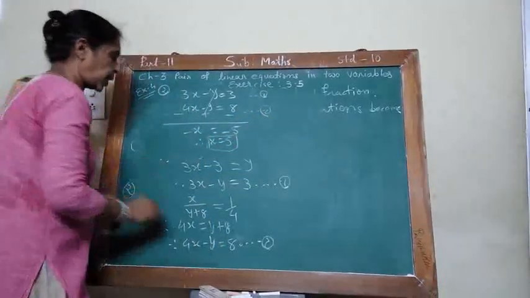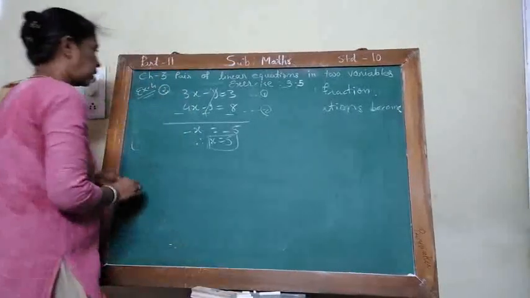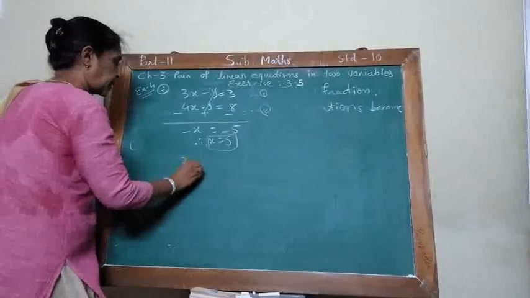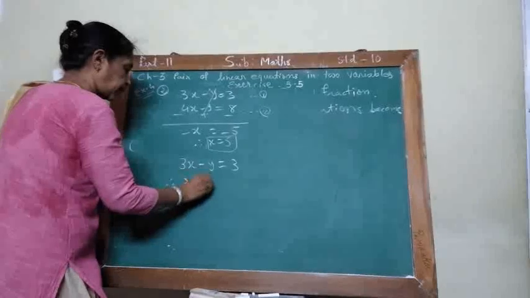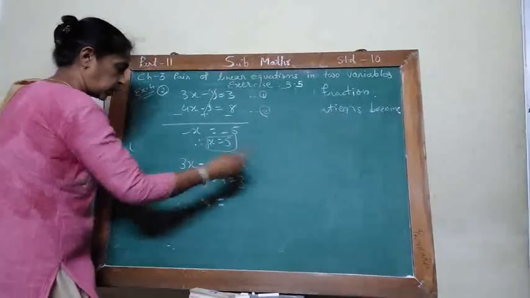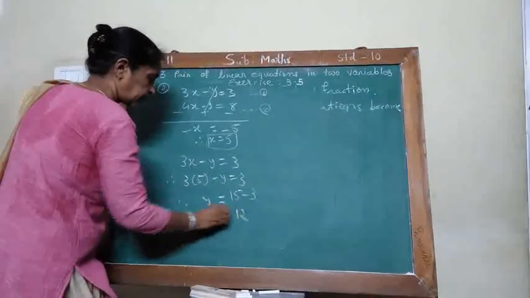So after this you write, substituting x equal to 5 in equation 1. Then you write the first equation 3x minus y is equal to 3. 3 into 5 minus y equal to 3. And therefore y equals 15 minus 3, that is 12.